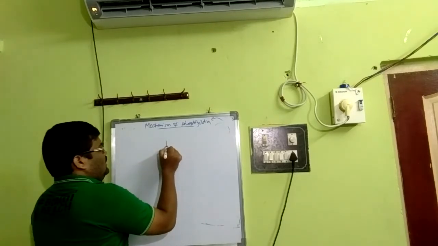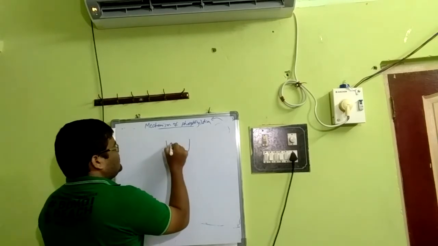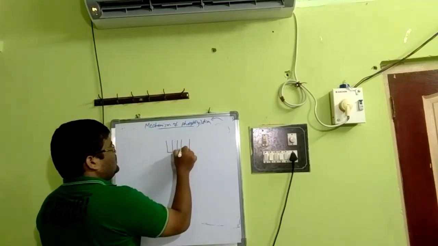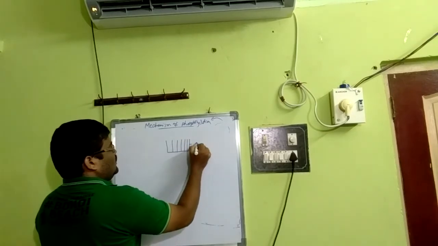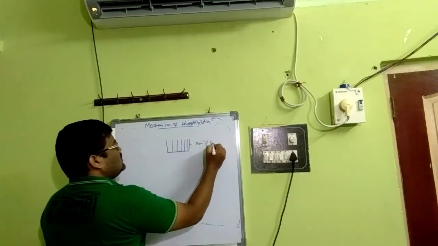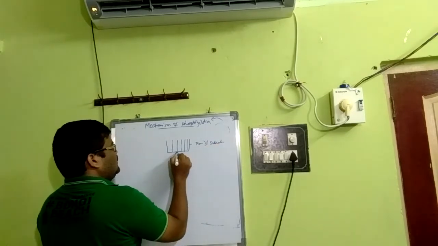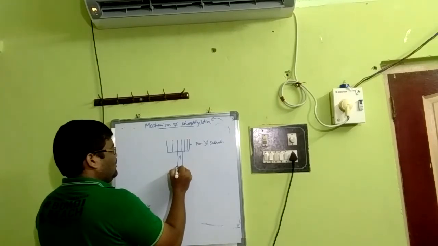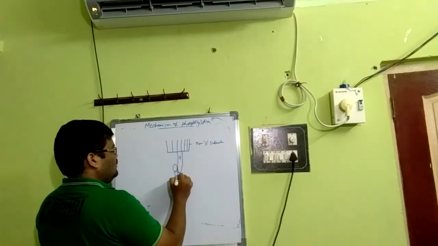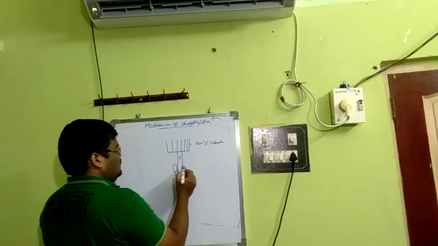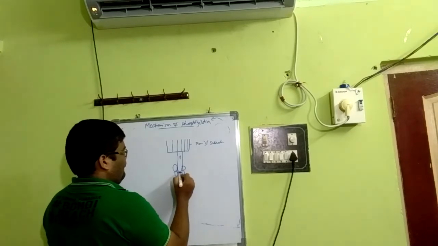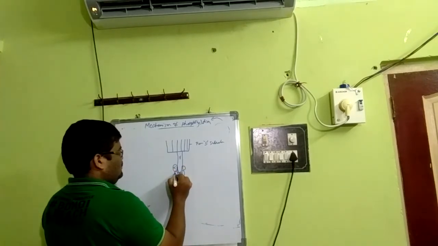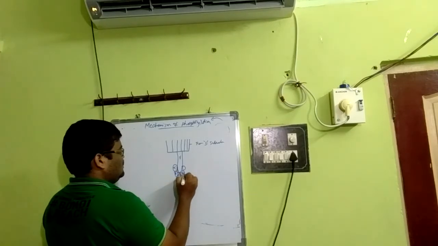F0 consists of C subunits. F1 has the gamma subunit; let me magnify it. There are totally 6 subunits here: this is alpha, this is beta, this is alpha, this is beta.